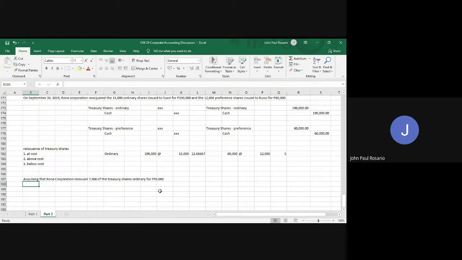Okay. So once you reissue at cost, sige, you put it like this. Sige.